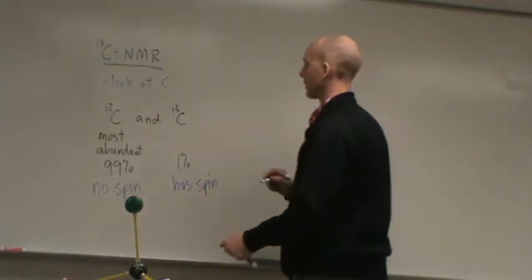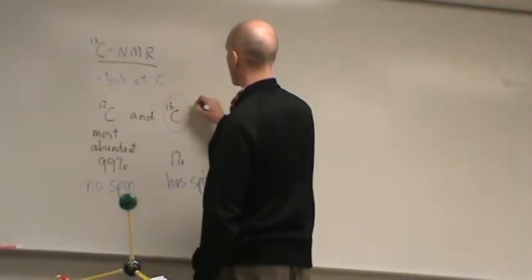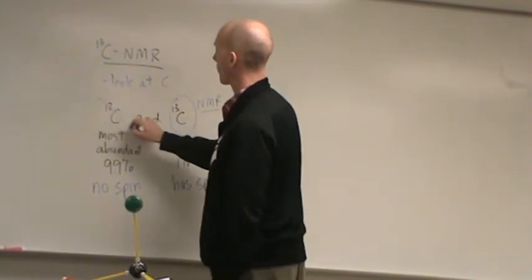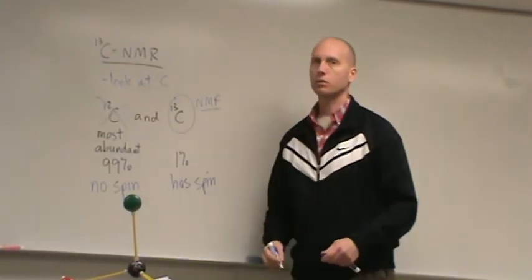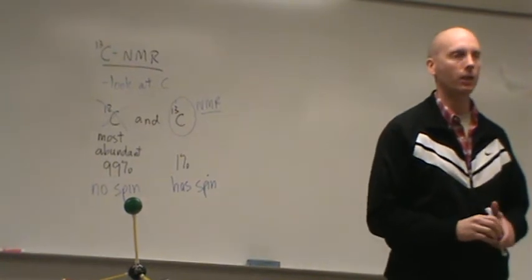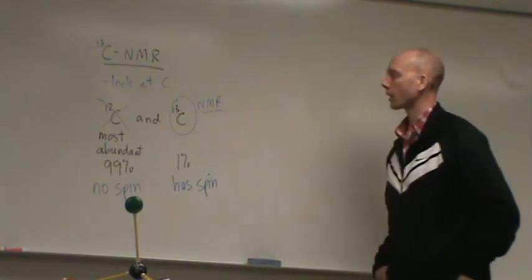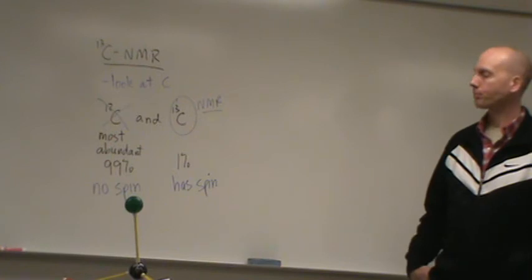Which one do you think is NMR active? Carbon 13. Carbon 12, we cannot do NMR because it doesn't have spin. We discovered that in the first lecture of NMR some time ago.